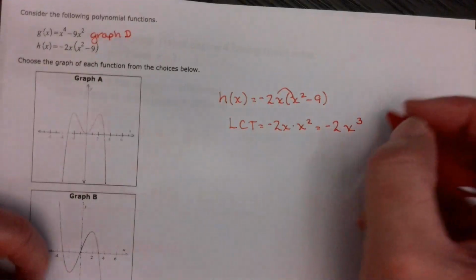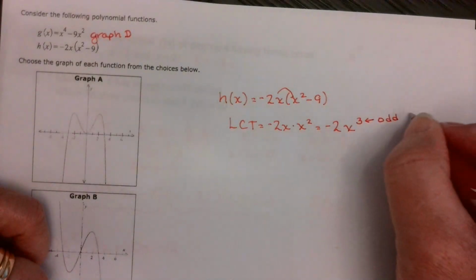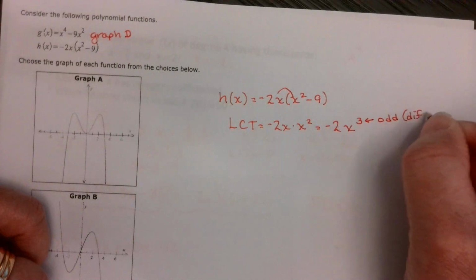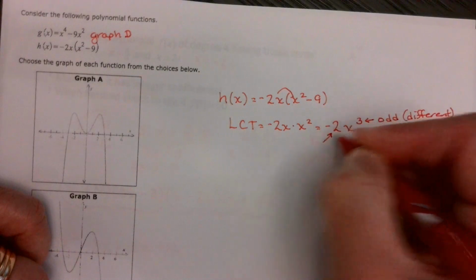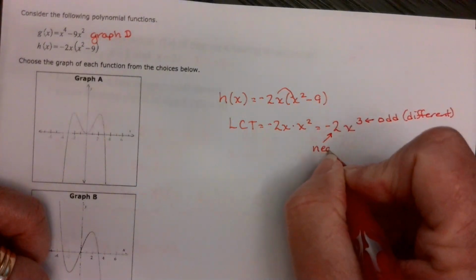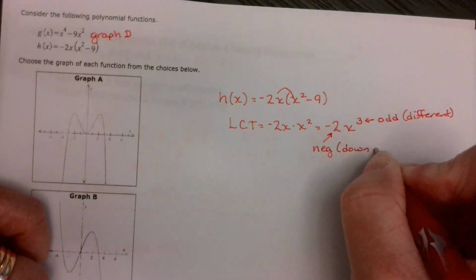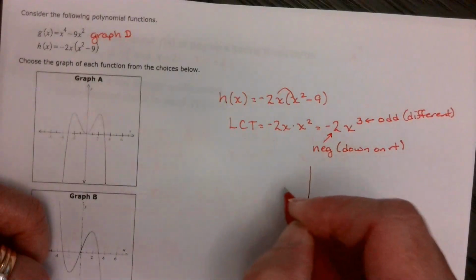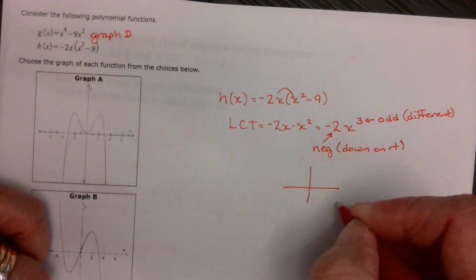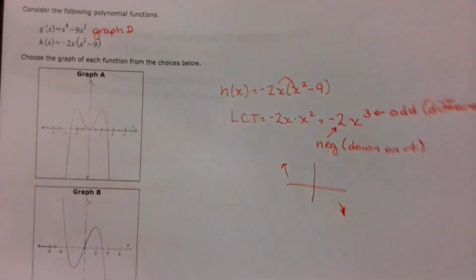The degree is odd, so they go different directions. Our leading coefficient's negative, so it's down on the right, up on the left.